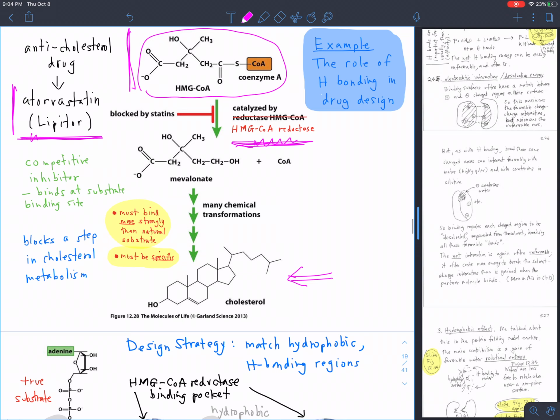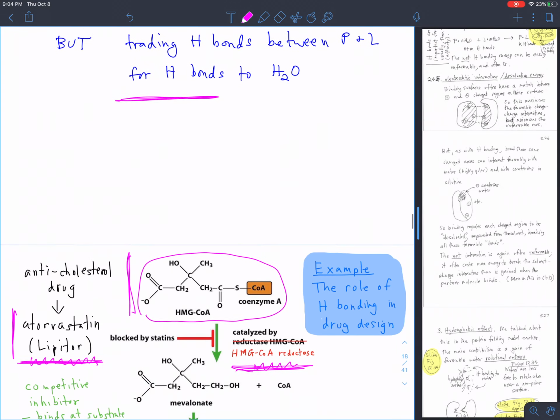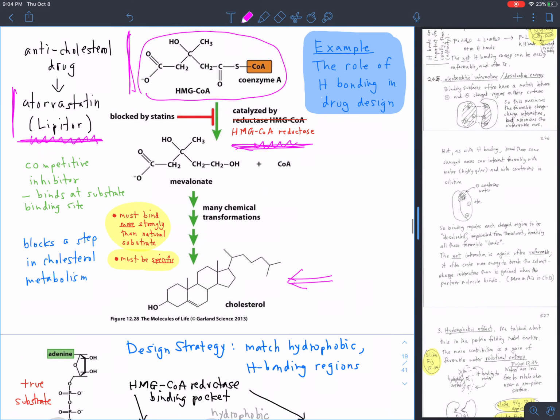And it's the binding of this drug that's important, and the people who developed this drug used the ideas that we're going to be talking about and that we talked about above already to some extent in order to design an inhibitor that would bind in place of the natural substrate. The inhibitor has to bind more strongly than the natural substrate itself because it's got to displace the natural substrate. You want to saturate out all those binding sites on the protein with inhibitors instead of the natural substrate.